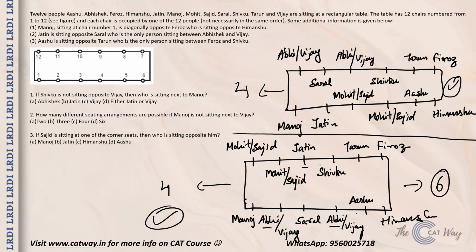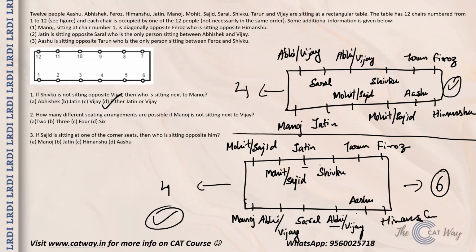And in that case, Vijay will be occupying this position. So who will be next to Manoj in this case? Vijay. So out of the 6 cases that we have formed, we have 2 possible options for the person next to Manoj. That is, one option is Jatin and the other is Vijay. So the correct answer for the first question will be option number D, that is either Jatin or Vijay.